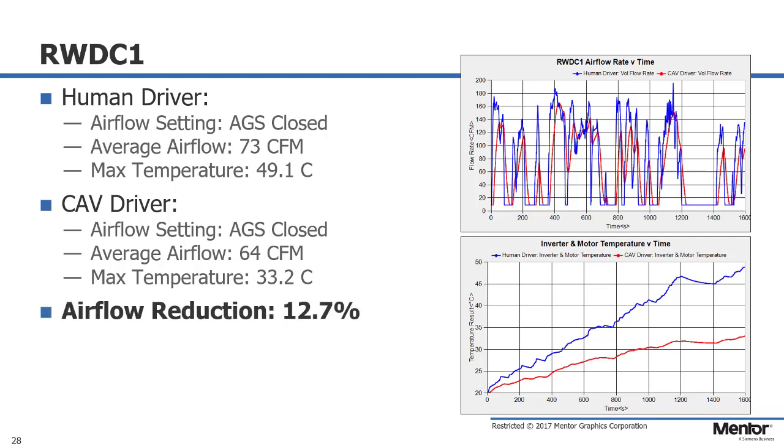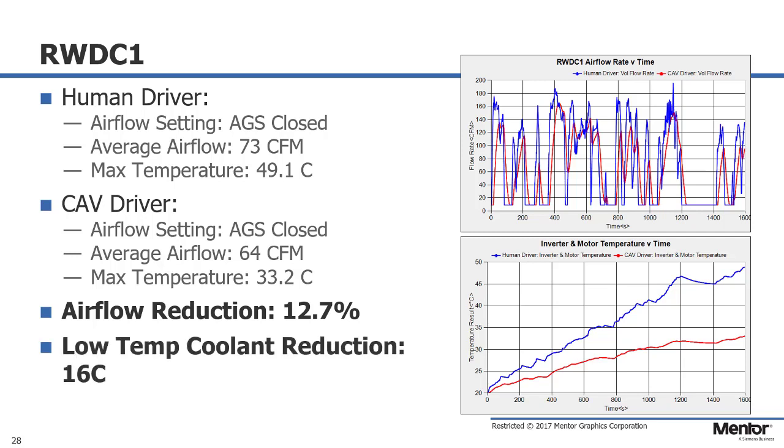And in fact, an airflow reduction of almost 13% still results in a coolant temperature reduction of 16 degrees C. So in terms of real-world drive cycles, we're fine with our airflow rates either with the human driver or the autonomous vehicle, but we can see even with a reduced airflow rate, we're still going to have a significantly reduced temperature.